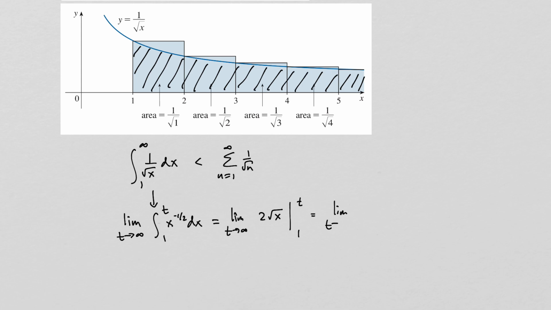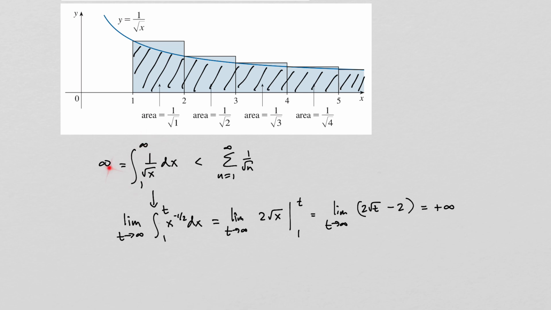And so this is the limit as t goes to infinity of 2 times the square root of t minus 2. And this very clearly goes to infinity as t gets large here. So this integral is infinite. But we know the sum of the series is bigger than the value of this integral.